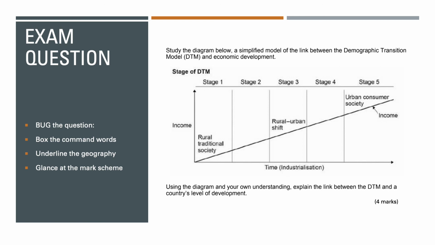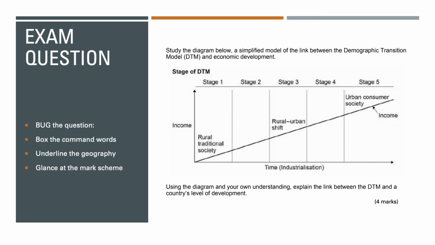So you've got an exam question to do here. This actually appeared on the 2018 exam paper, and people actually answered it very poorly because they weren't able to link the two things together. They weren't able to link the demographic transition and a country's level of development together well enough.